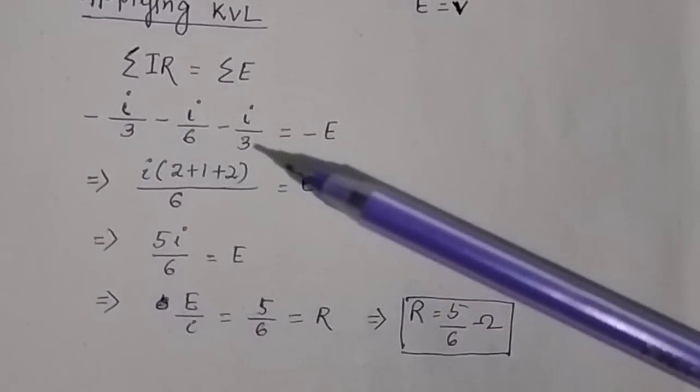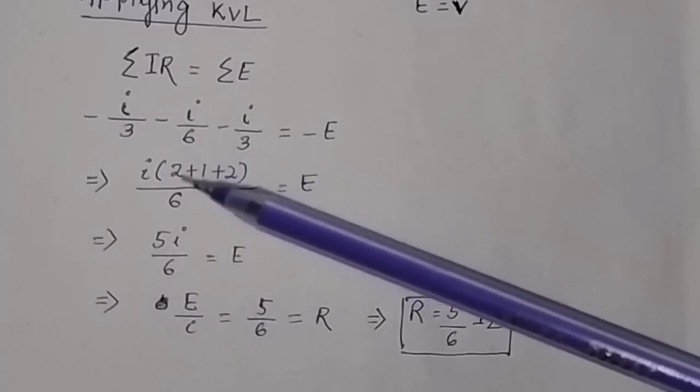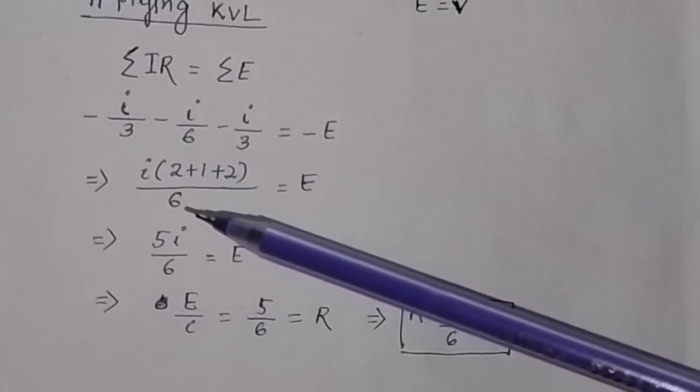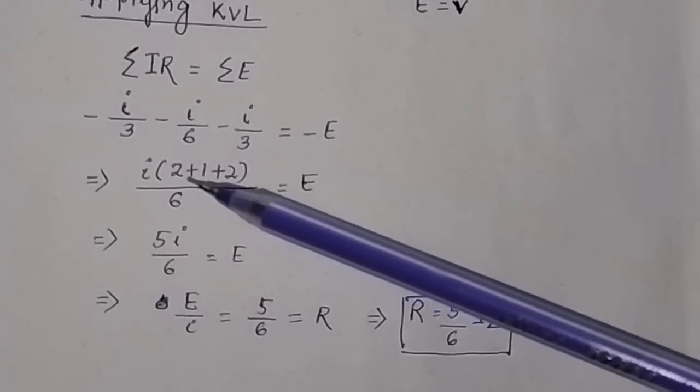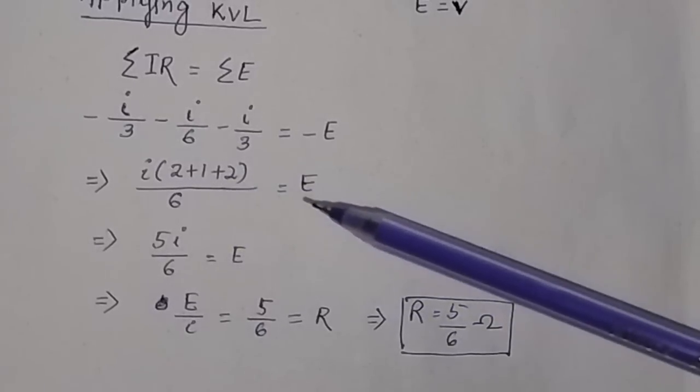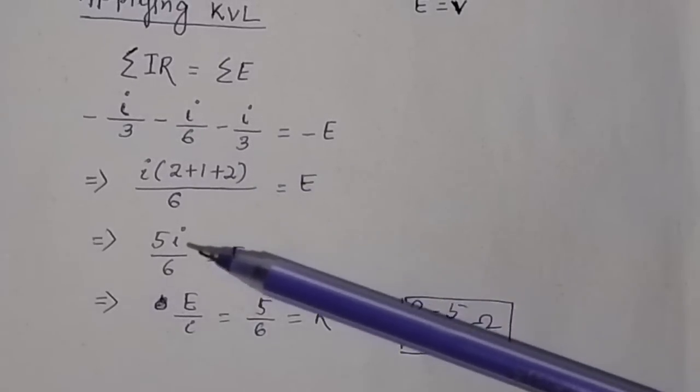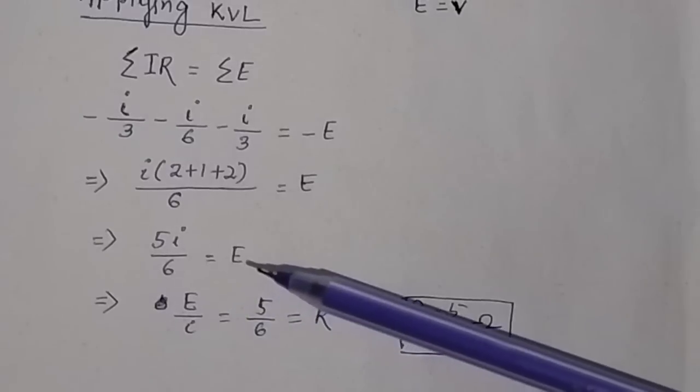If you add the three terms, with LCM 6, you have I into (2 plus 1 plus 2) by 6, which is equal to E. So 5I by 6 is equal to E.